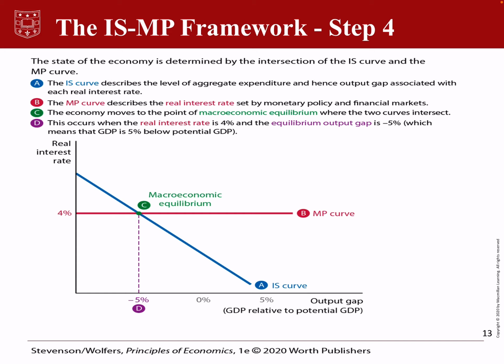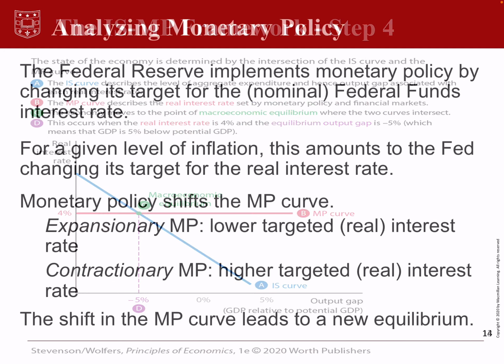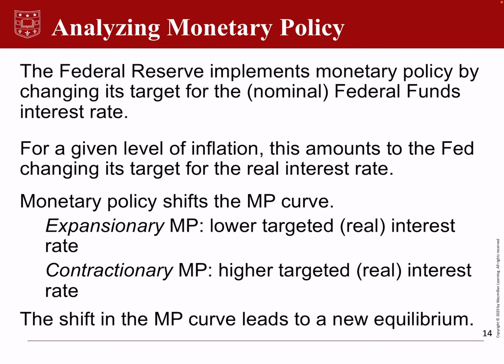And so what we can do with this is play around as the MP curve shifts up or down, or as the IS curve shifts right or left, and we're going to see a new combination of interest rate and output gap. So for instance, let's think about the application of monetary policy. The Federal Reserve is going to implement monetary policy by changing its target for the Fed funds rate.